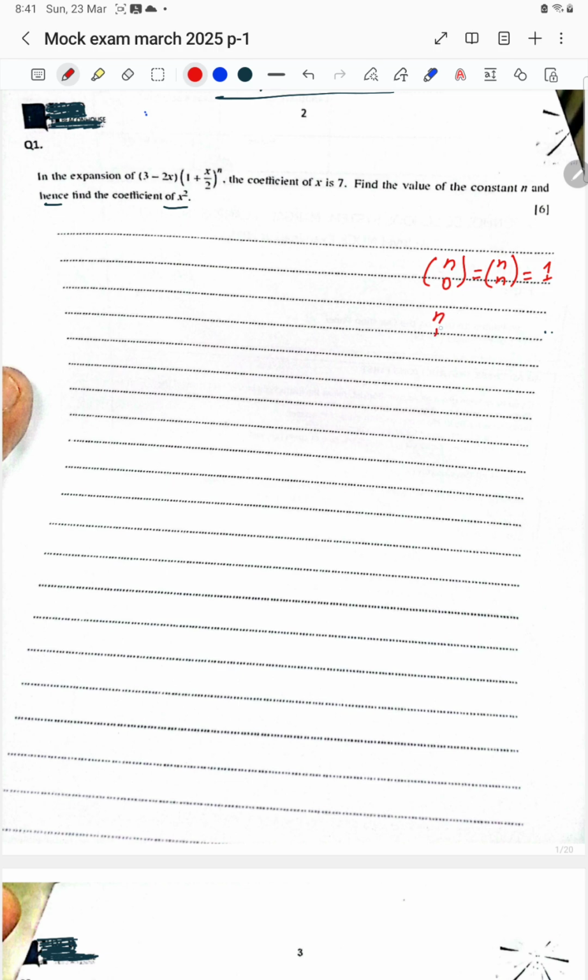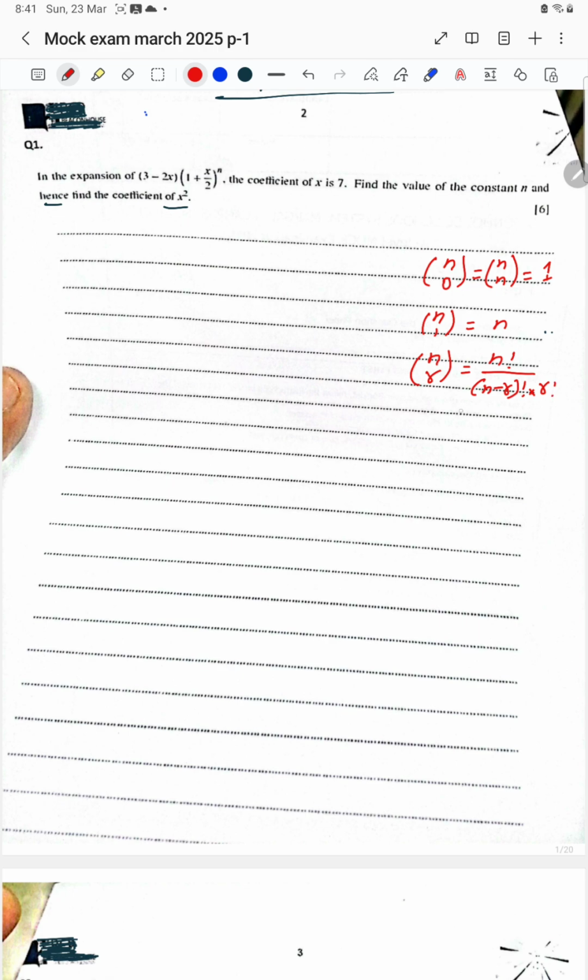And nC1 stands for n. And nCr, the basic general formula that helps us to find anything, is n factorial divided by (n minus r) factorial times r factorial.